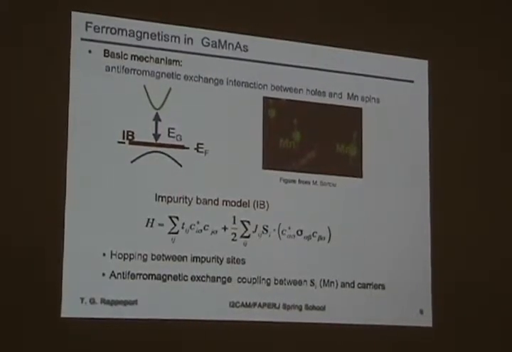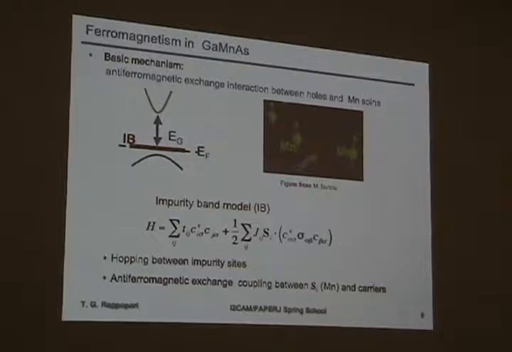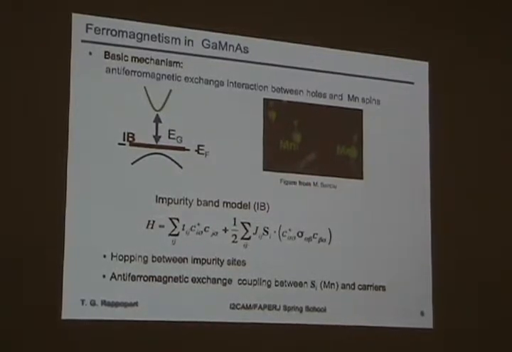So a good model, at least for gallium manganese arsenide, is to think about an impurity band with a hopping term between the impurity sites and the manganese sites, and then the exchange interaction between the spin of the holes and the spin of the manganese.